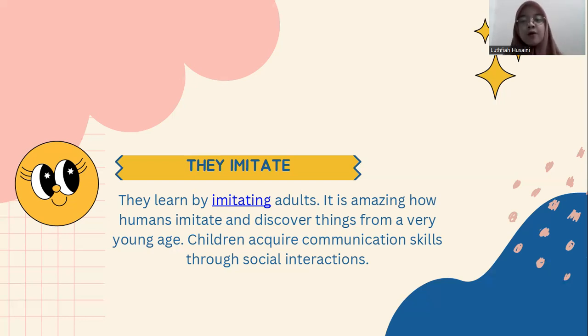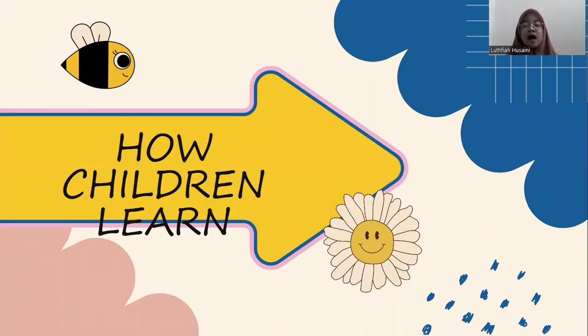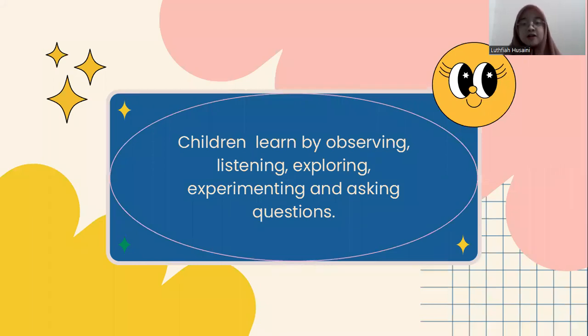So now we discuss how children learn. We know the characteristics, so we have to know how young learners learn, what the best step is that we can give them that is suitable for young learners. So children learn first by observing.